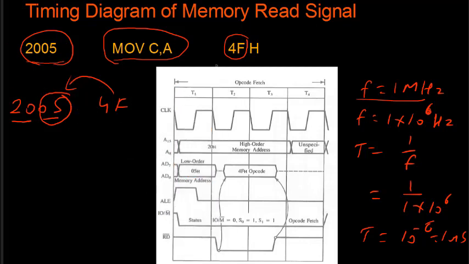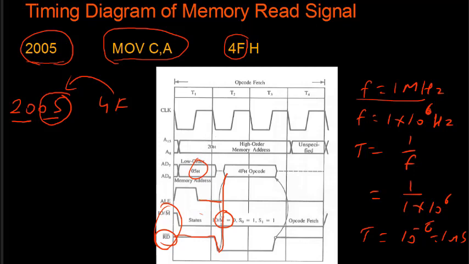In the second clock pulse, after 1 microsecond, the ALE signal becomes low, and the read signal also becomes low. Read is active low, because the address is already latched. Now the address is identified, so we need to get the data from that particular memory location, which is 4F. So this is read. These are the control and status signals. IO/M is already low, so it is a memory operation.